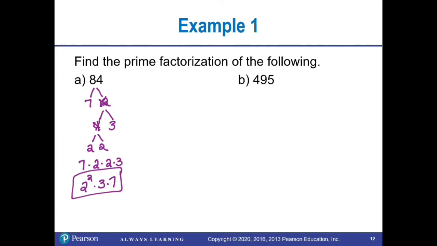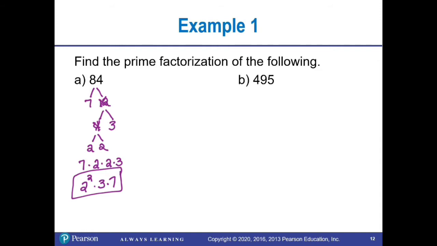Or maybe you're wondering, what if I rewrote 12 as 2 times 6? Would I still get the same answer? Yes. Remember, our fundamental theorem of arithmetic tells us there is only one way that we can write the prime factorization excluding order. Now, let's look at part B, 495.